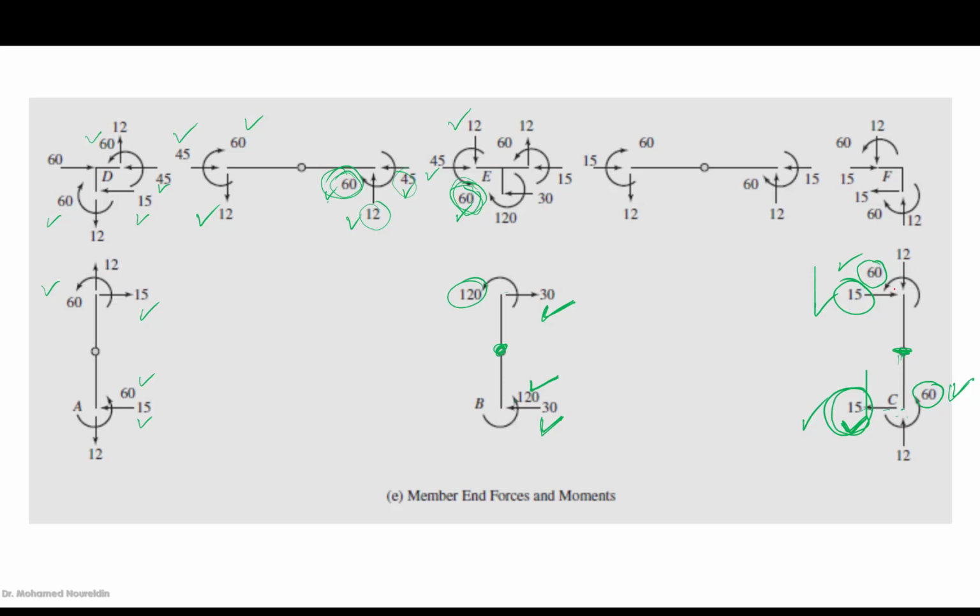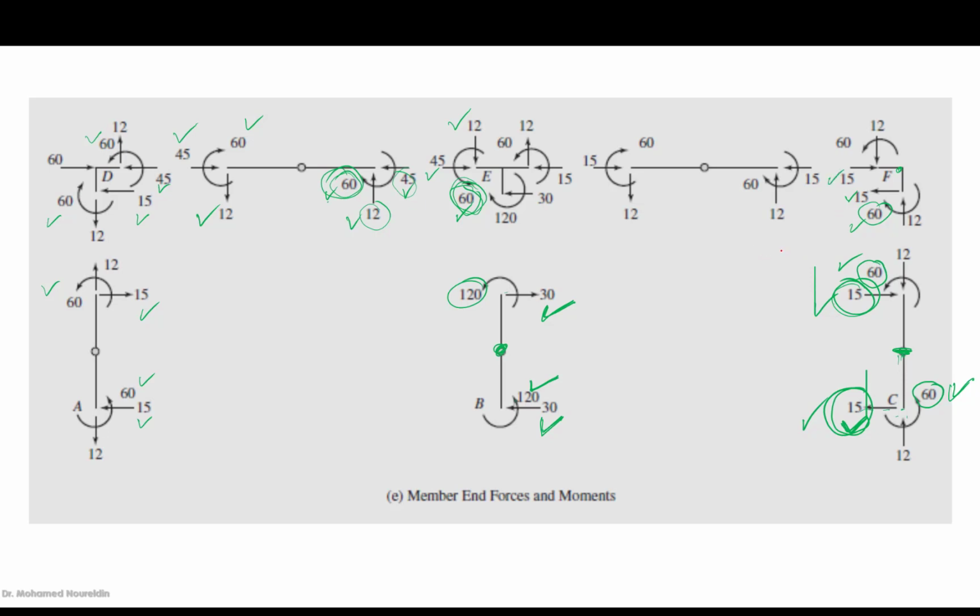Then let's reverse it on the joints. We know 60 here, then it will be reversed here. This is 15, then 15 will be known here. Okay, at this joint, from the equilibrium of horizontal forces, this should be 15.